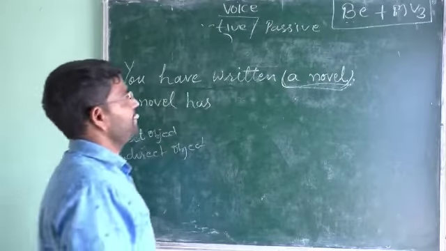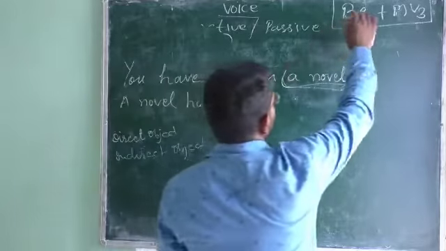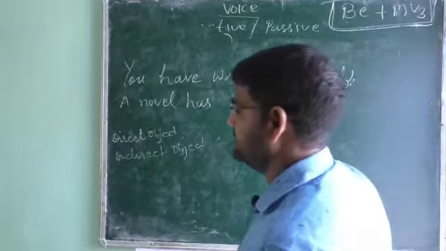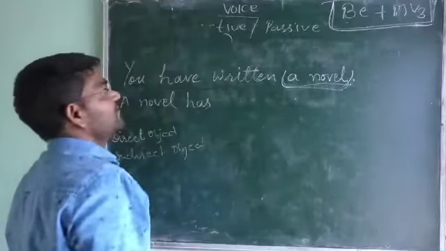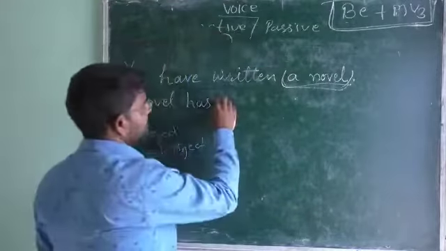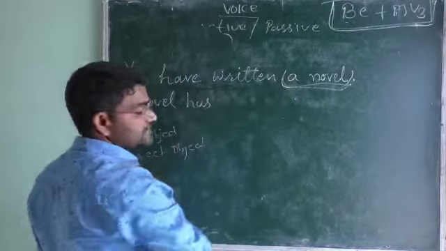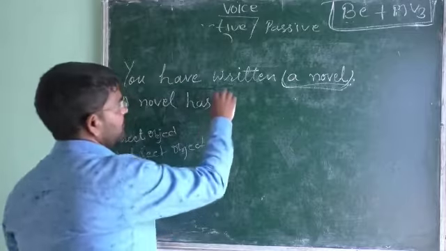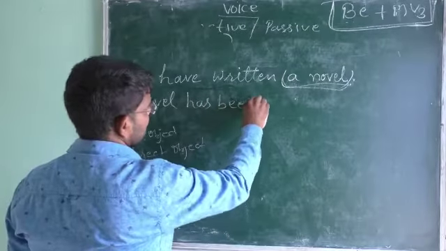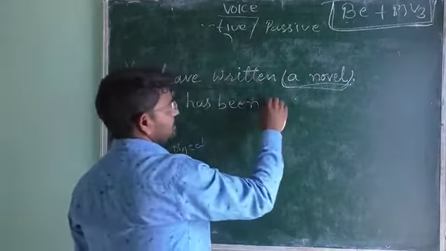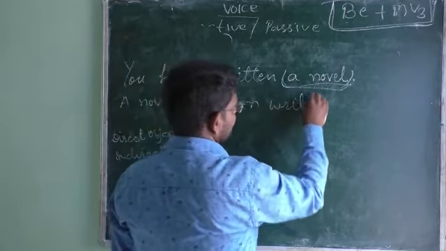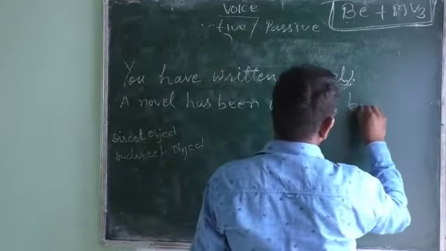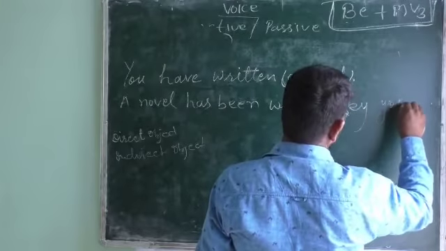Now put the be formula. Always keep this in mind while you are working with voice. Has always takes the third form. And what is the third form of be? Been. And this is also the third form, written. And after that, by you.